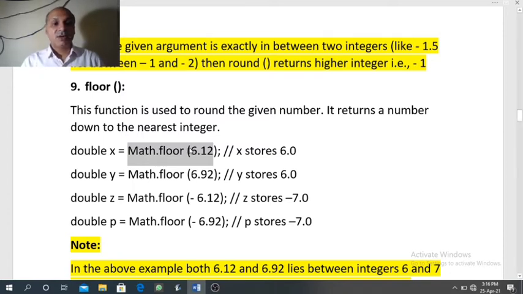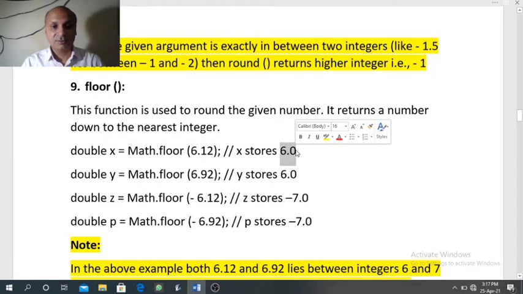Now 6.12. Again imagine this number between two integers on the integer number line. It belongs between 6 and 7. Now between 6 and 7, here we don't have to round off, we just have to find which is the lower integer, because we are finding the floor value. So between 6 and 7, the lower integer is 6, so the answer is 6.0, because the function returns a double value.